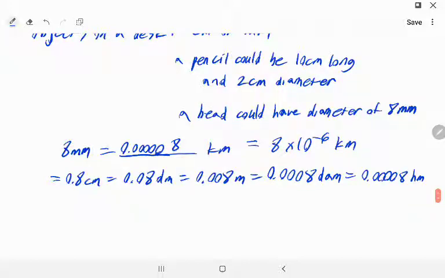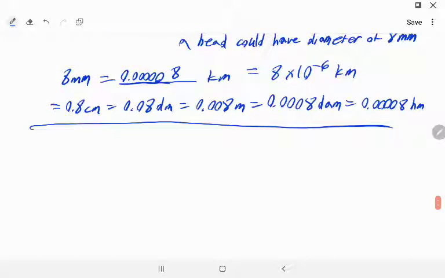So we actually notice that that system of prefixes that we just showed for length works for anything. If we had 58 kiloliters, and we want to know how many regular liters it is, we're just going 3 to the right.